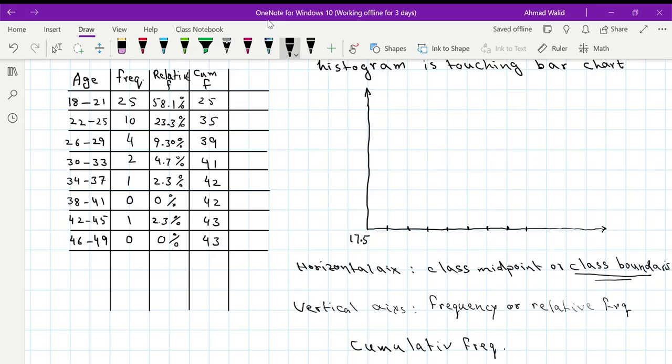Correct? We already know the definition of a class boundary. What is a class boundary? The other day I explained to you, class boundaries are used to separate the classes with no gaps. Correct? And it's usually a number, or I can say the average between these two numbers.